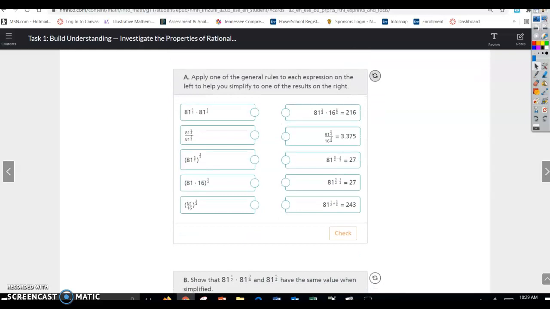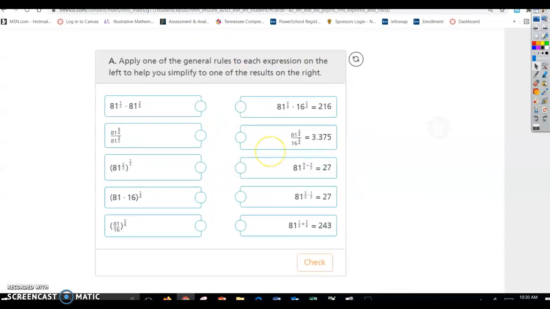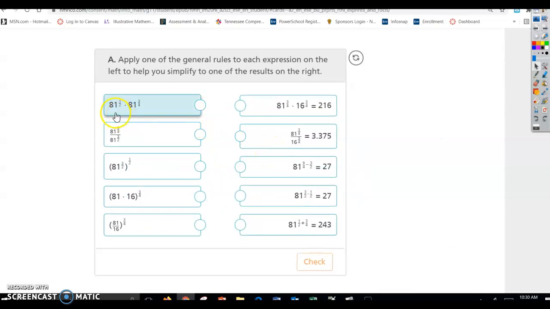All right, it says apply one of the general rules to each expression on the left to help you simplify one of the results on the right. So these are now using rational exponents. That means they are fractions, but the rules are still the same. So here my base is 81.